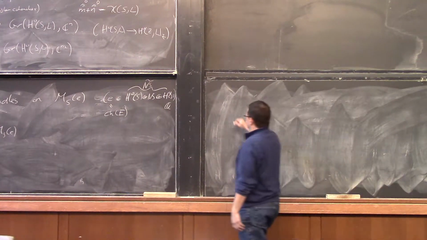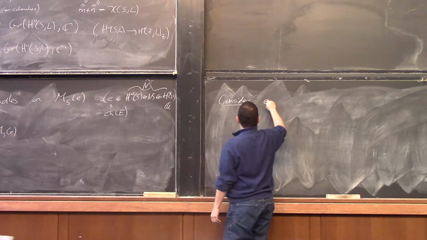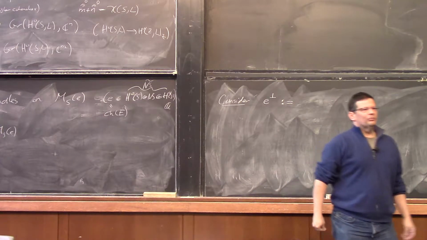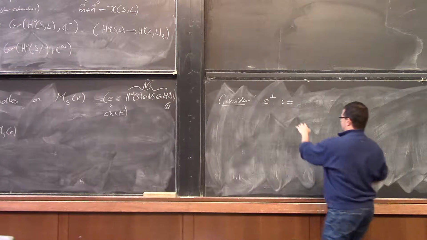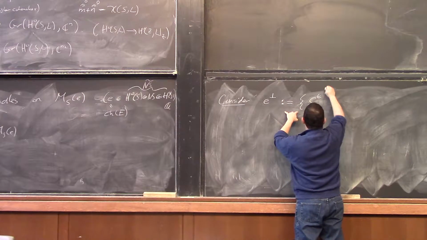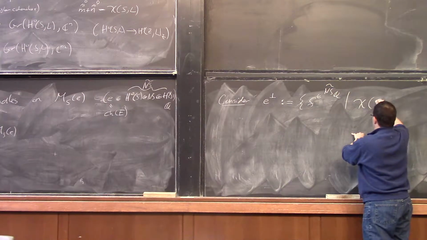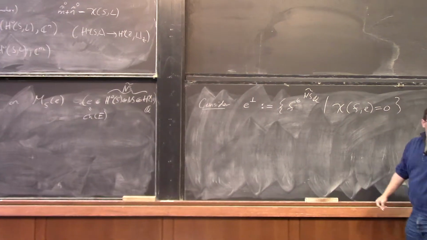And I want to consider the vector space E-perp, which is the perpendicular with respect to the Mukai form. So this is going to be the set of F inside of this extended Neron-Severi such that chi of F E is equal to 0.